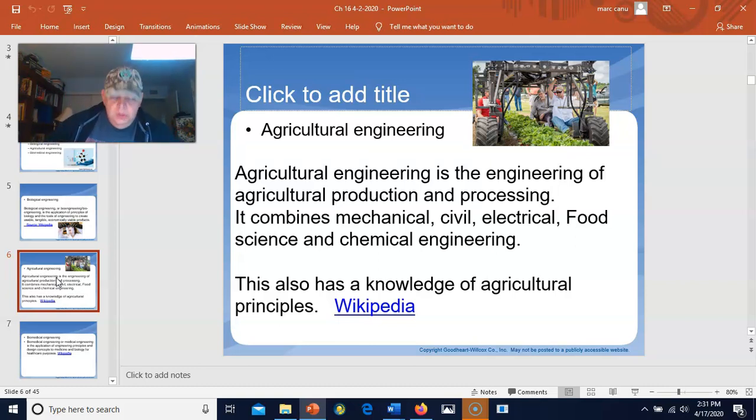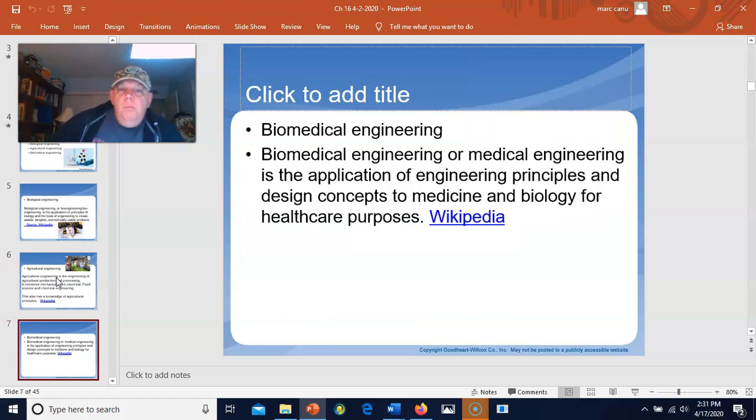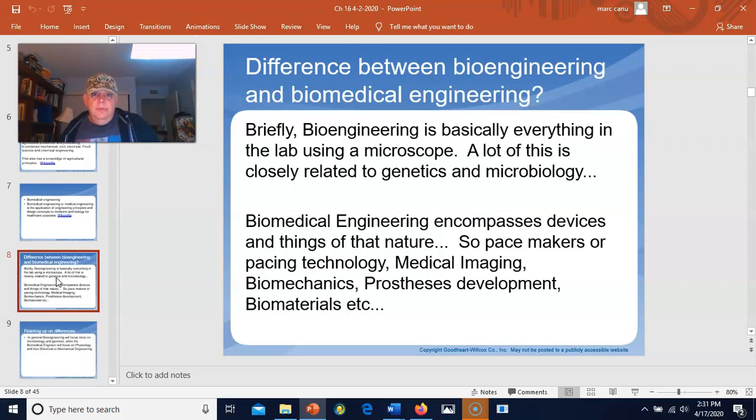Okay. So, when we look at biomedical engineering, that's also medical engineering. We're applying engineering principles and design concepts to medicine and biology for healthcare purposes. Now, that is also Wikipedia's version of it.